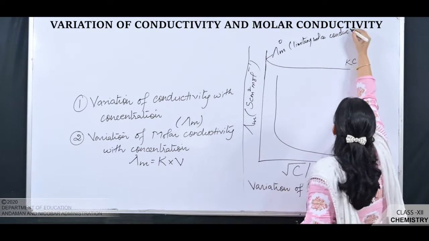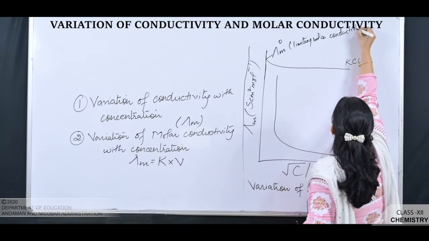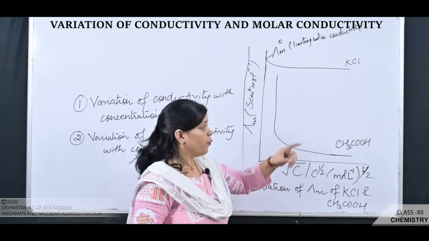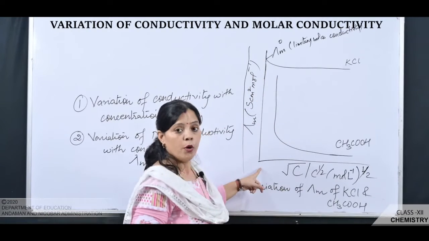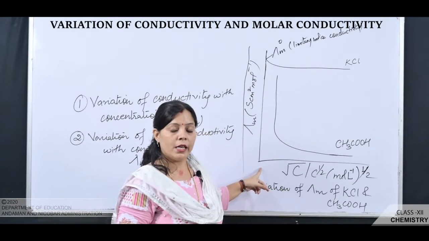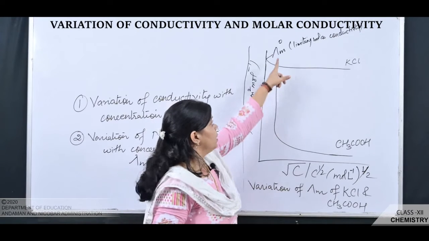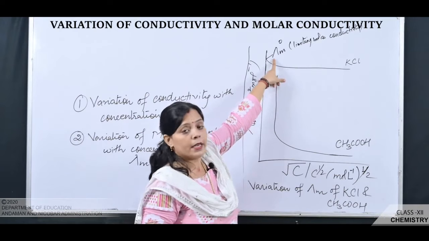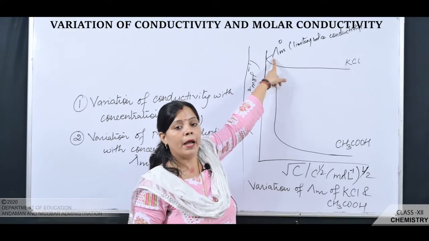So in the case of a strong electrolyte, when the concentration approaches 0, the molar conductivity attains a definite value. That definite value is named the limiting molar conductivity, and it is represented by the symbol kappa m naught.